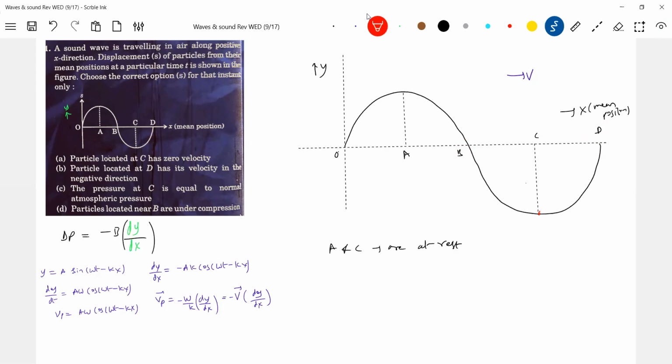B will be moving towards right, moving along the positive direction. D moving along the negative direction. The pressure rate, okay, these are both the things. Even O also. O and D, let's see.